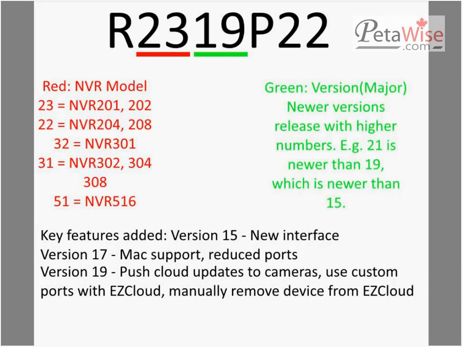In version 17, we added Mac support to the web interface for NVRs, and we reduced the number of ports that need to be opened on the network to access the NVR. For version 19, we added a whole host of new features. We added support to push cloud updates from the web to cameras, to use custom ports with EasyCloud, and to manually remove devices from EasyCloud.